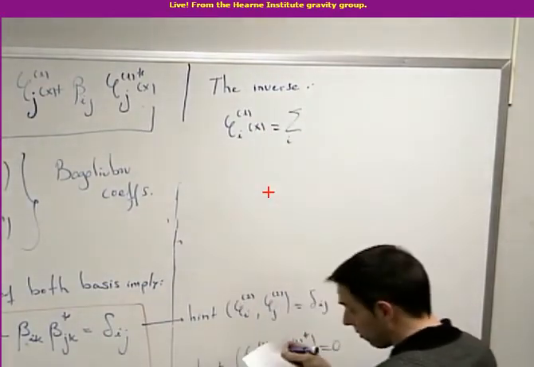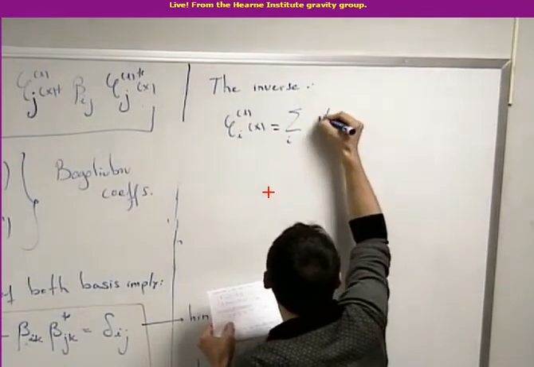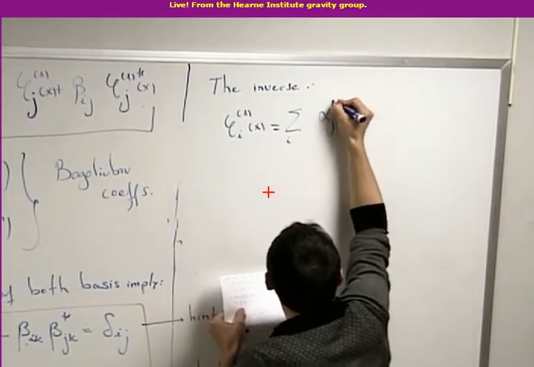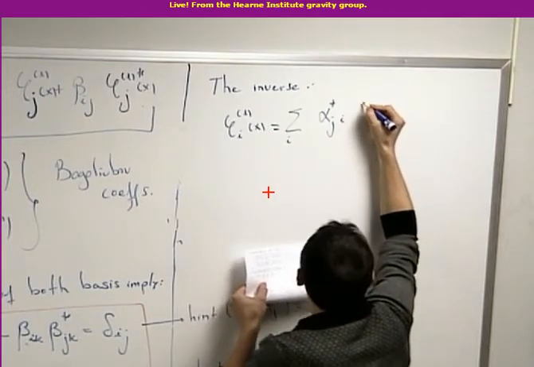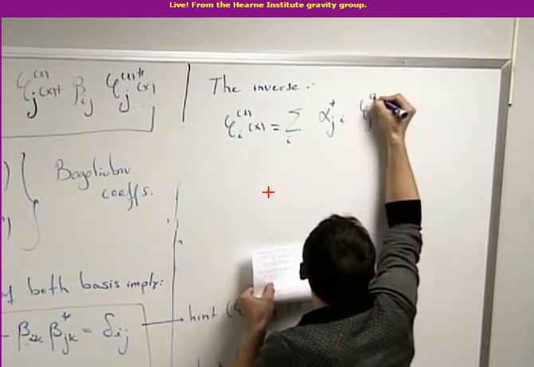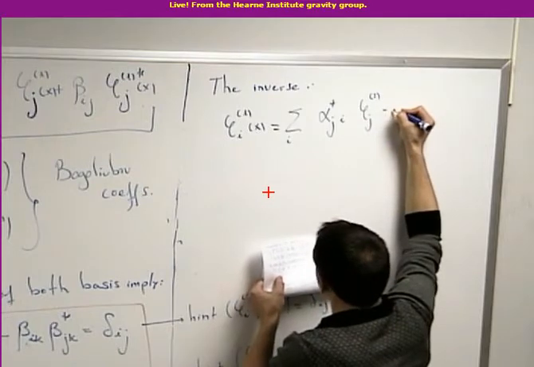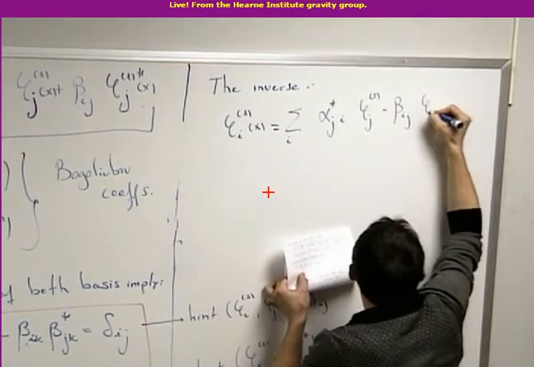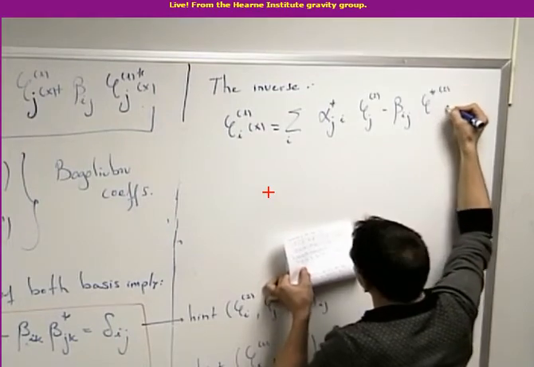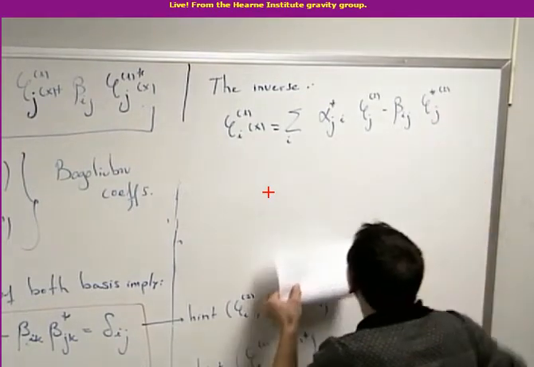One has to be careful with the indices because they are here in a different order. Alpha star_ij phi 2 j minus beta_ij alpha star 2 j.